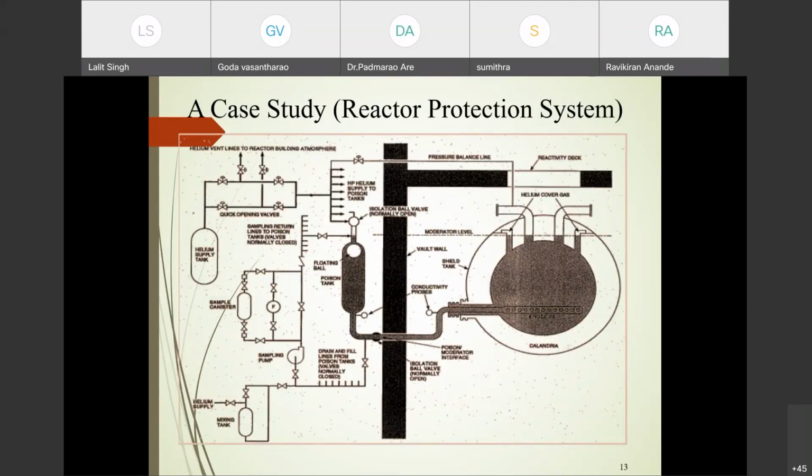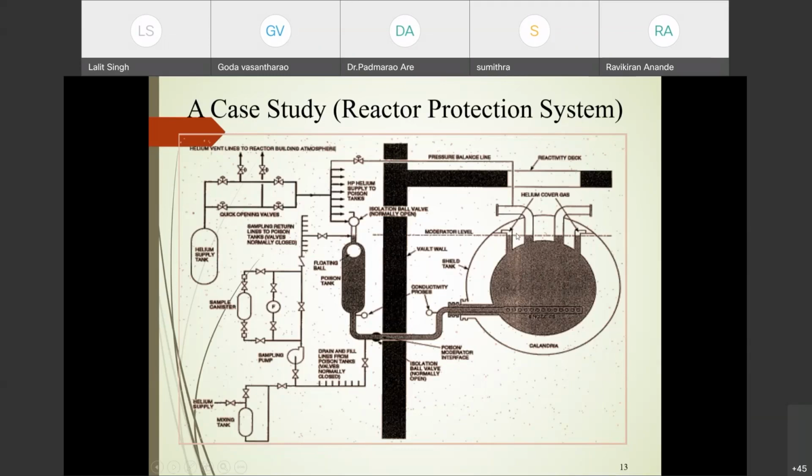So this is the reactor protection system, also known as the shutdown system. Let me first explain this system, because our model will be based on this case study, and then we will model it using Petri nets, and then perform the safety analysis of that Petri net.